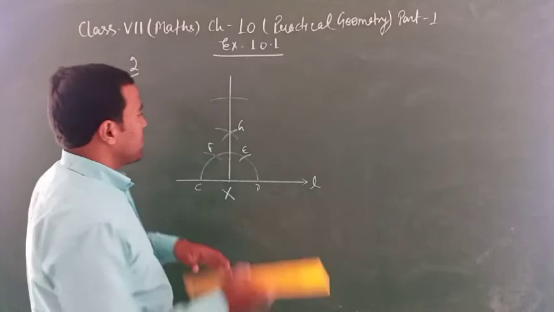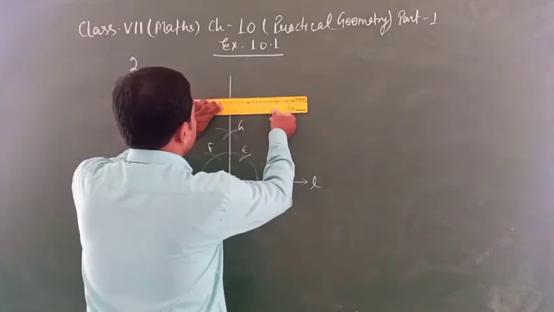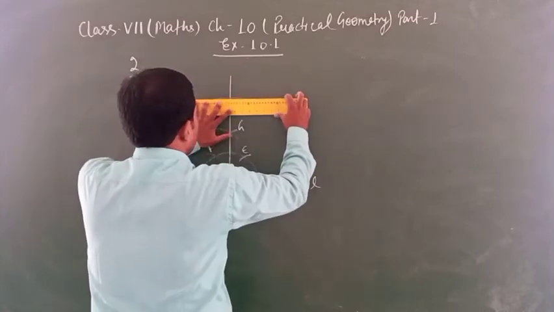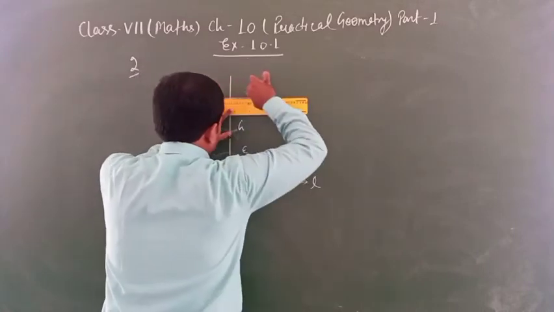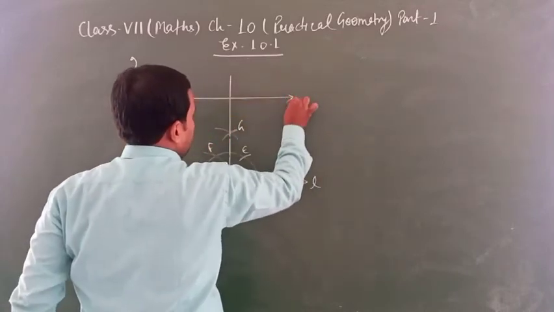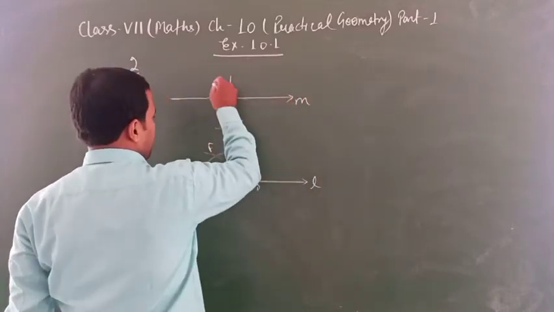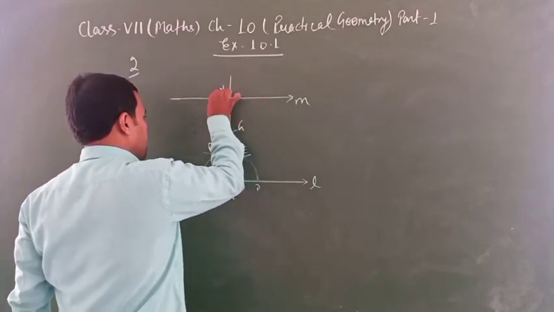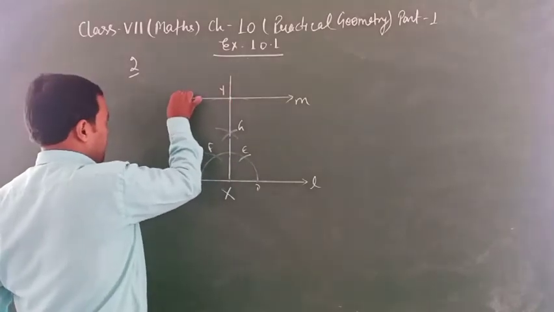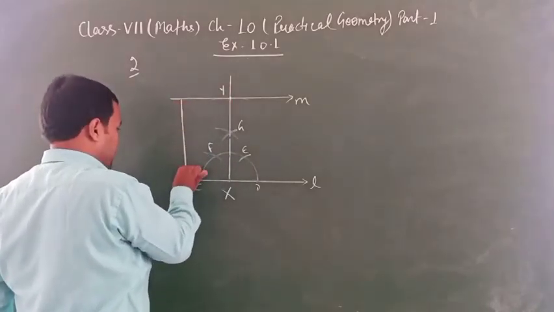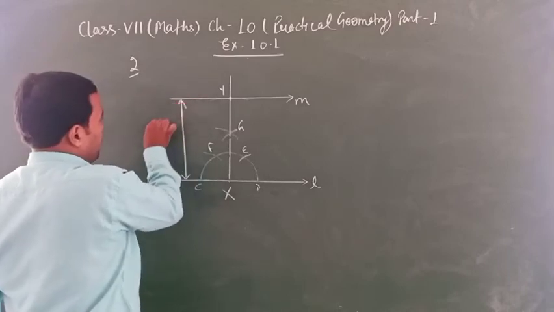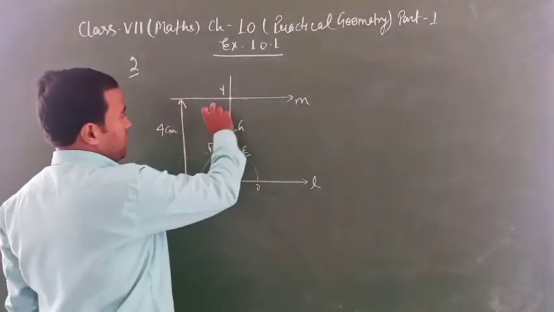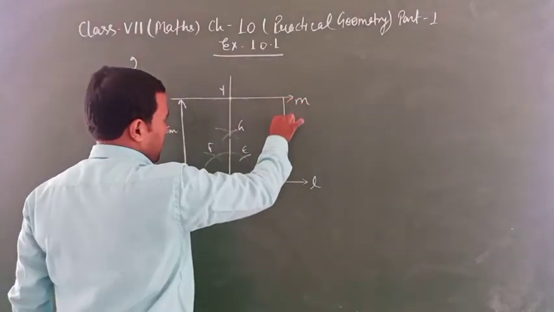After that, make a line like this. Like this you will make a line and give the name LM. Here and here we can write Y, and write the distance between L and M, 4 cm. Clear? It is a distance of 4 cm.